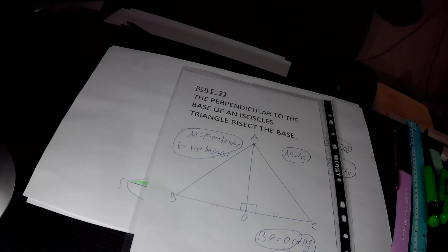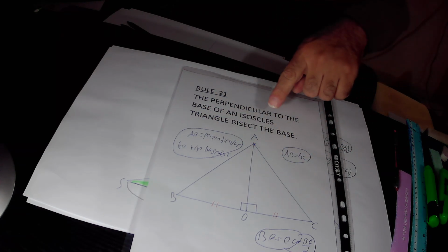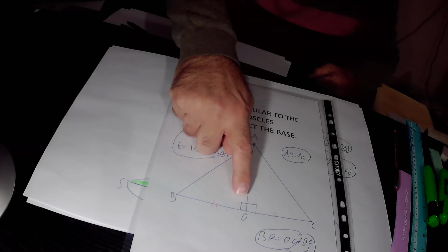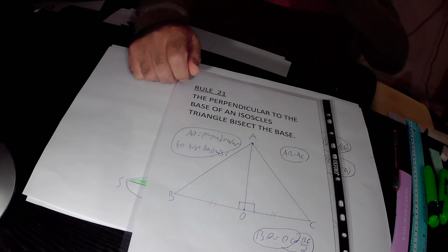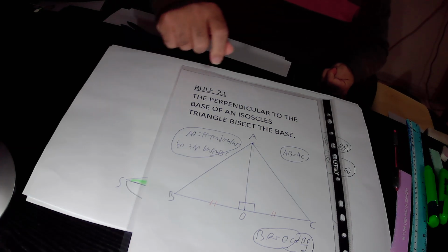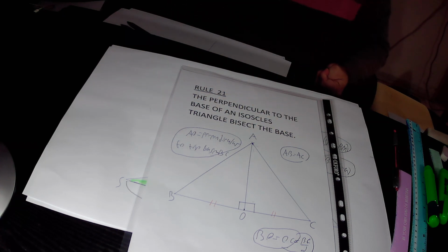From the vertex A, we draw perpendicular AO to the base BC. So this angle equals 90 degrees, and this angle also equals 90 degrees according to our construction. According to rule 21, the perpendicular AO to the base BC bisects the base BC.